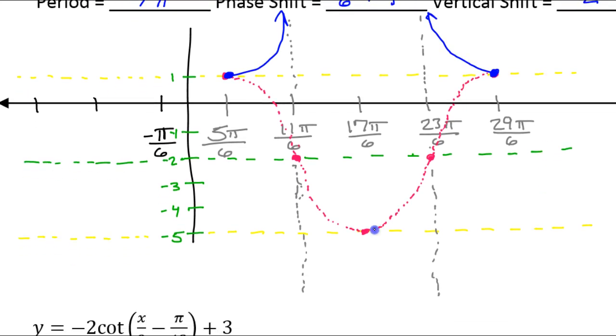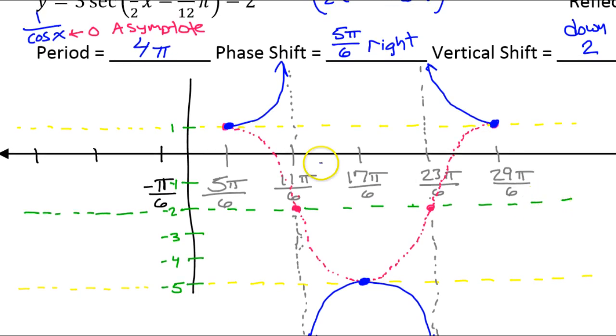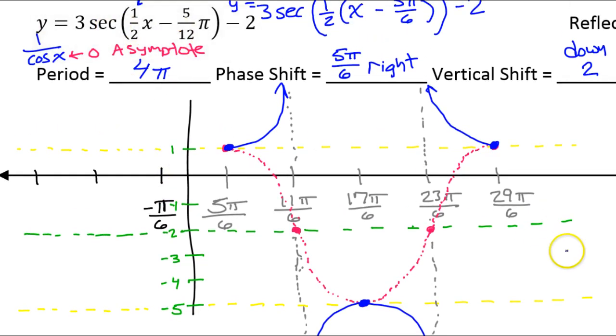And we have learned that this point down here on the bottom is going to be part of the secant function. And on the left and the right, I'm going to approach the asymptotes like this. And there it is, ladies and gentlemen. That is what 1 period of the secant function is going to look like.